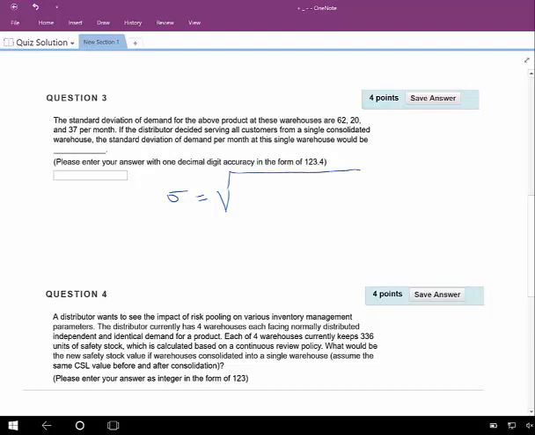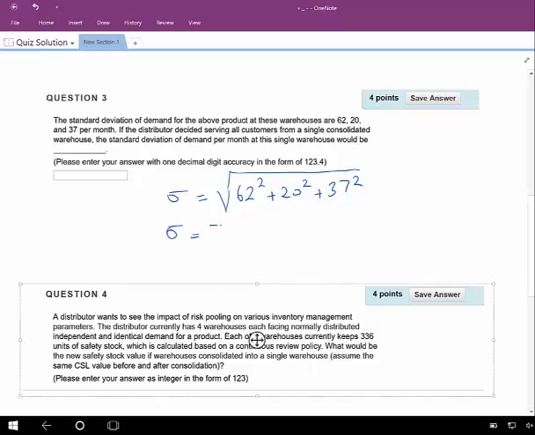So I'm going to calculate the variance of these warehouses, and then get the square root of that to calculate the final standard deviation: 62 squared plus 20 squared plus 37 squared, and then the square root of that number. It says put it in 1 decimal accuracy, and sigma is equal to 74.9 in my case.